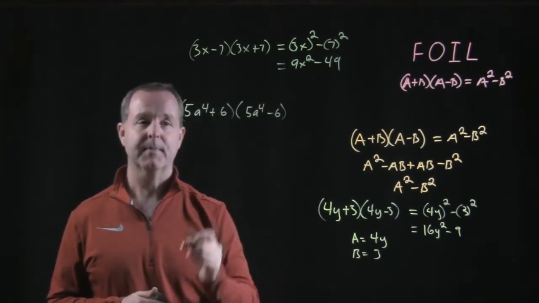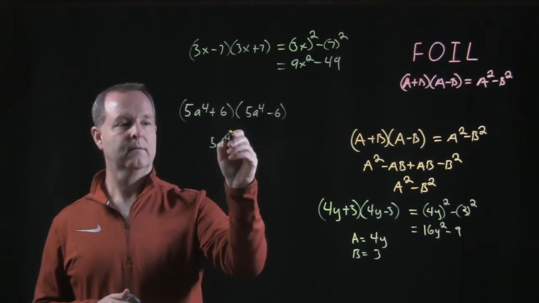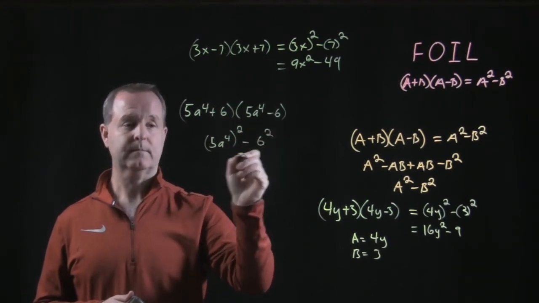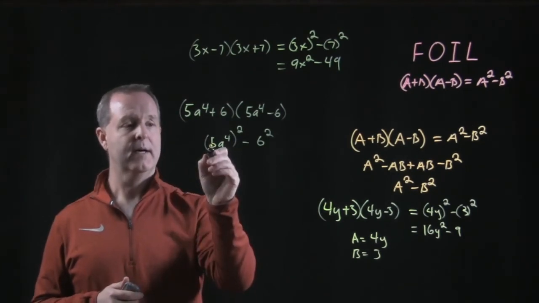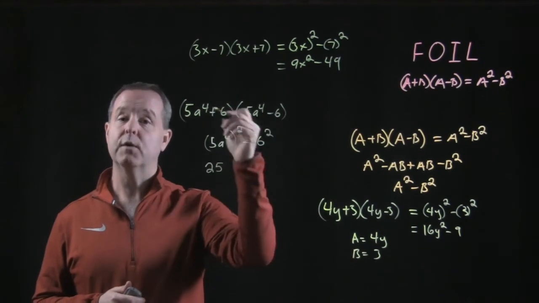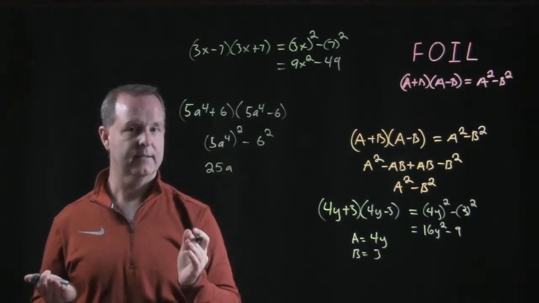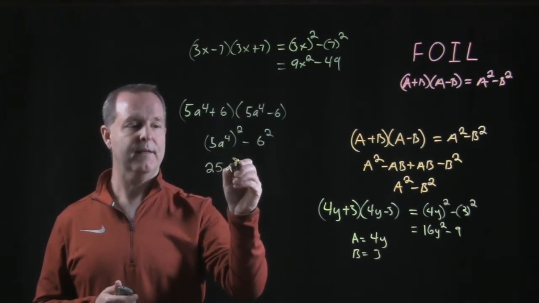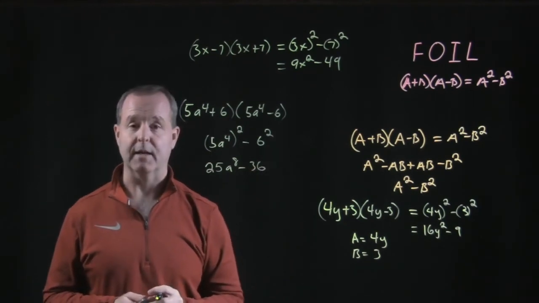If that's the case, it's first term squared minus second term squared. 5a to the 4th squared, if we remember our power rules for exponents: 5 squared is 25. a to the 4th to the 2nd is a to the 8th, because you multiply the exponents when it's a power to a power. So that's a to the 8th minus 36. And there's my result with that particular one as well.